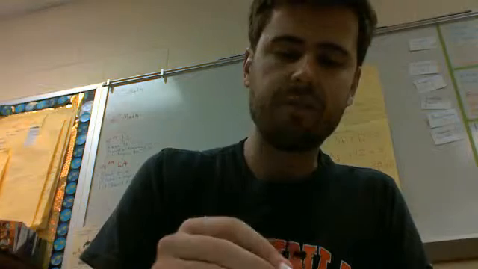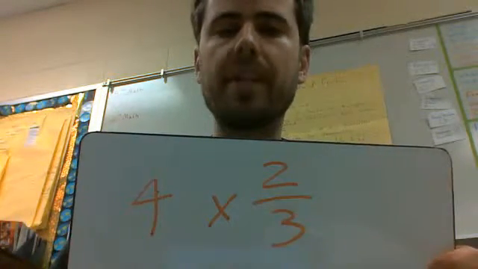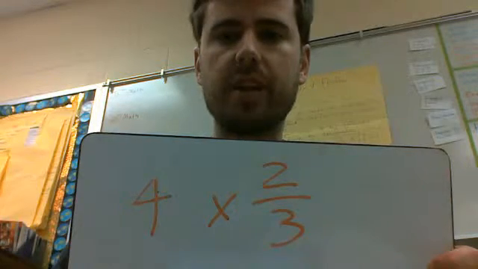Alright, let's do another one. This time, instead of 3 groups, let's have 4 groups of 2/3. Why don't you take a moment to see if you can use repeated addition to figure this one out? You're welcome to pause the video here.